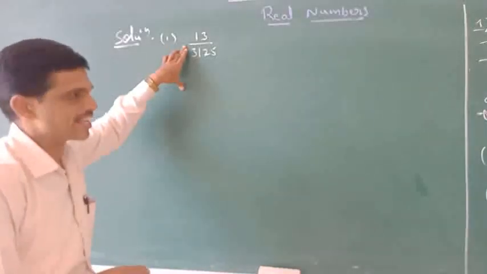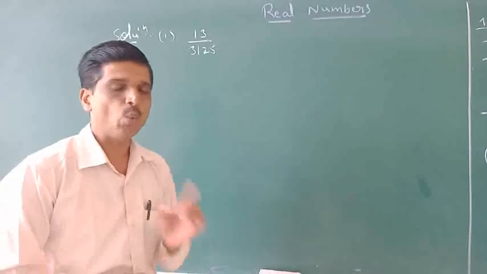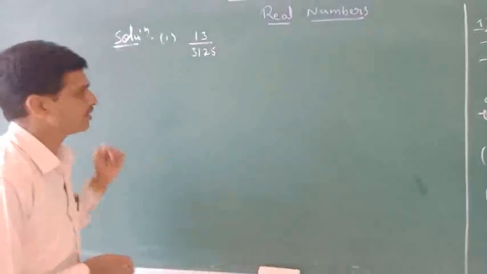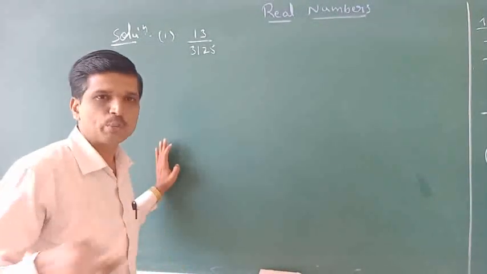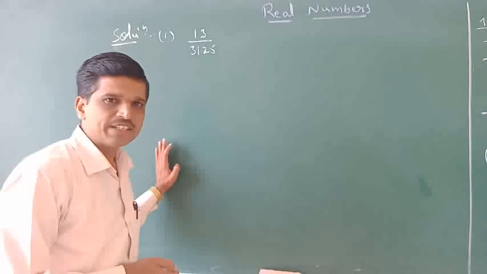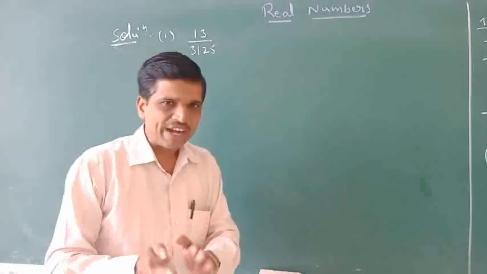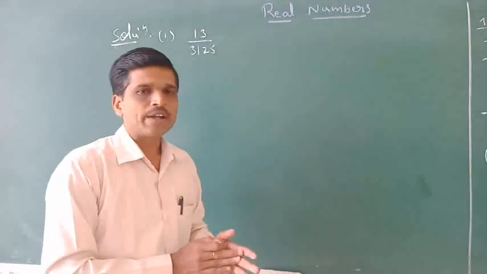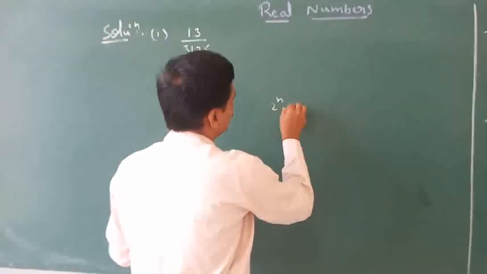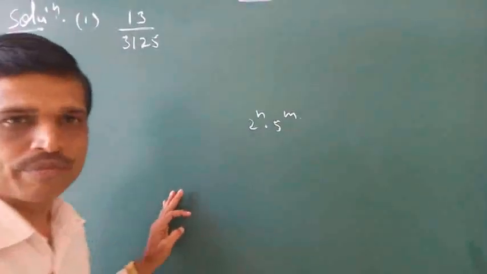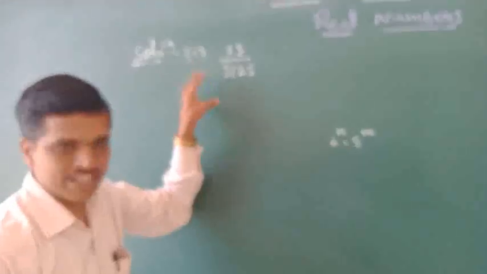I already explained in the previous theorems, that is theorem numbers 1.5, 1.6 and also 1.7, in which we explain that if x is any rational number that may be expressed as x equal to p by q, where p and q are integers and co-prime, and the prime factorization of q is of the form 2 to the power of n into 5 to the power of m, then these numbers have terminating decimal expansions.